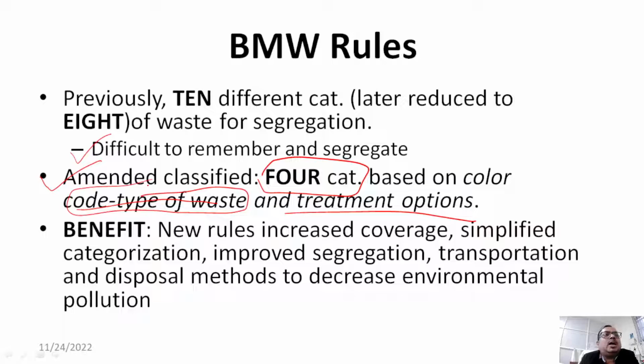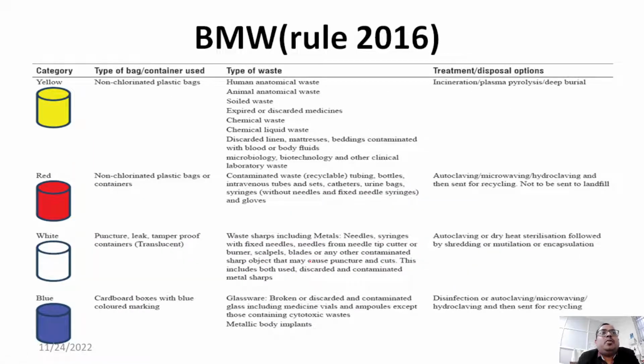This recent 2016 rule of biomedical waste was a bit beneficial because this new rule increased the coverage of biomedical waste, simplified the categorization, and improved segregation, transportation, as well as disposal methods to decrease the environmental pollution which arises because of these biomedical waste. So let's see the biomedical waste rule 2016 in detail.